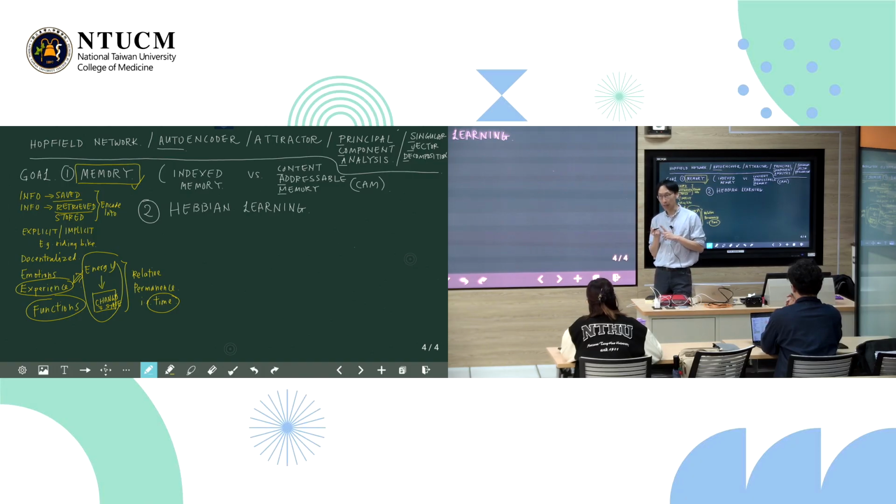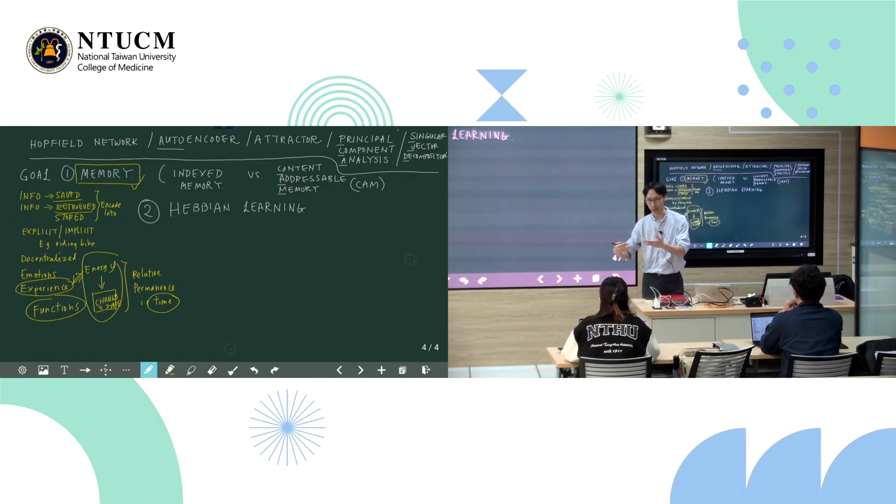And second, it must be doing it in a Hebbian manner because of observations at that time. Okay? So these two must go hand in hand. So alternatively, you can also construe it as this. Does a system that does Hebbian learning therefore necessarily or sufficiently instantiate content addressable memory?